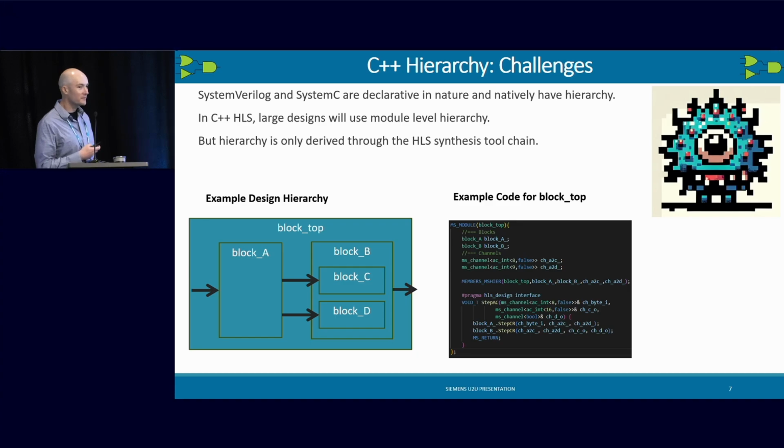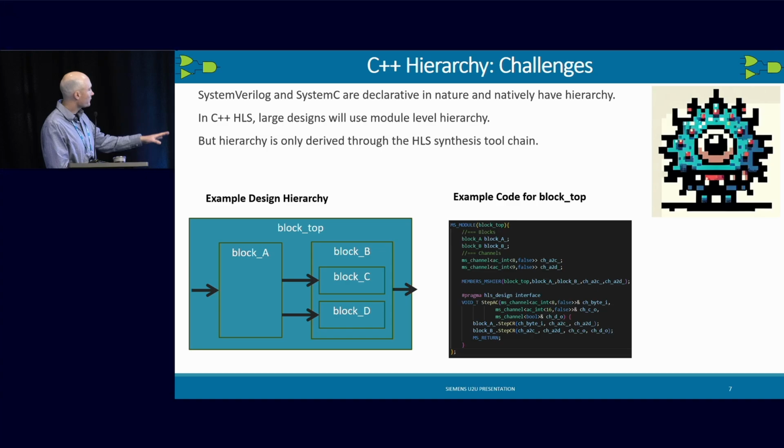But when we design, hierarchy is an important aspect of managing design complexity. And the Catapult toolchain can back out hierarchy when we run the design through the toolchain. It does a great job at that. But in order to use the hierarchy, you have to wait until the point of running it through the toolchain.